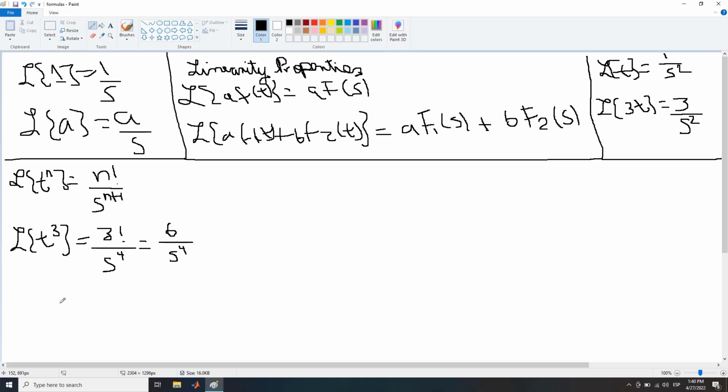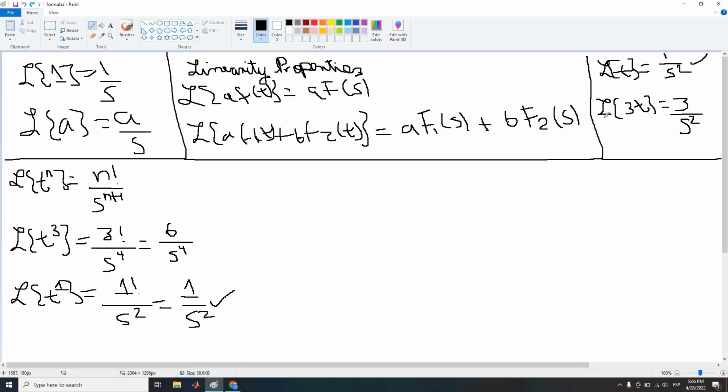Note that we can obtain the Laplace transform of the function t with the formula that we have just reviewed. So let's do it. The Laplace transform of t, with the power of 1, is equal to 1 factorial over s squared. So this will be equal to 1 over s squared, which is the same as this one.